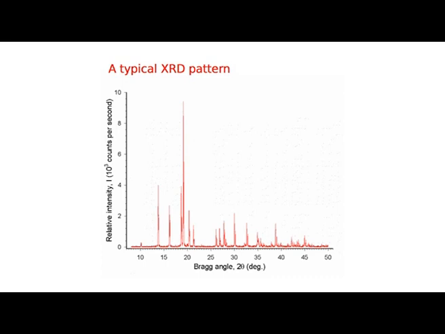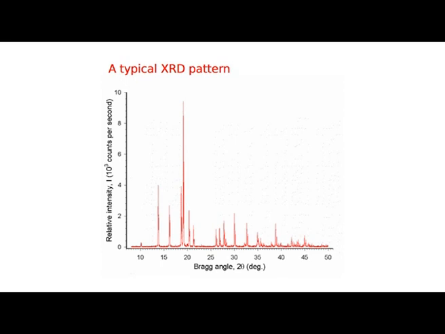So, with the help of these beams which are producing constructive interference, we put them together to form an XRD spectrum. How does a typical XRD pattern look like? In the figure you are seeing a typical XRD pattern which you will get if you give a typical sample to an X-ray crystallographer or an experimental facility where the XRD technique is used.